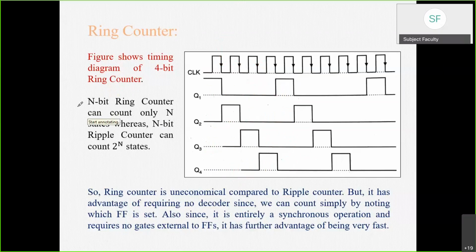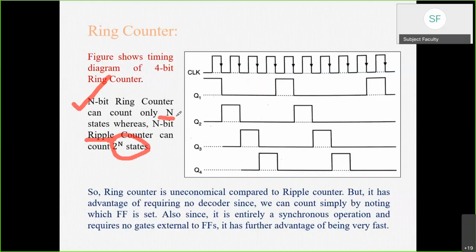This point is very important, and you should remember that an n-bit ring counter can count only n states. So if your ring counter is 4-bit, then it will count only 4 states, whereas an n-bit ripple counter is nothing but an asynchronous counter. We have seen up counter, down counter, like that. An n-bit ripple counter will give you 2 raised to power n states. If you are using a 3-bit ring counter, how many counts will you get?